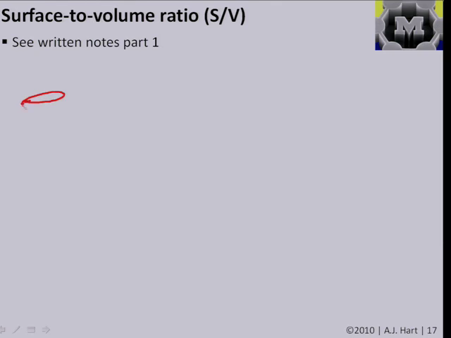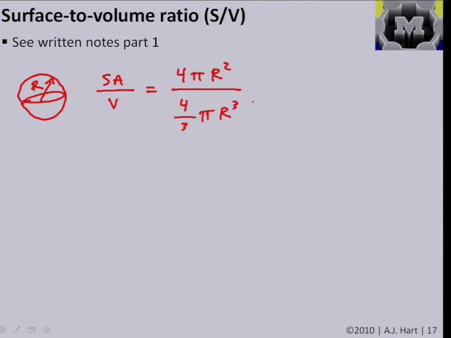But if we look at, for example, a sphere which has a radius r, and we just calculate the ratio of the surface area to volume, we have the surface area of a sphere is just 4 pi r squared, and the volume is 4/3 pi r cubed. If we cancel what we can, the pi's go away, the 4 goes away.